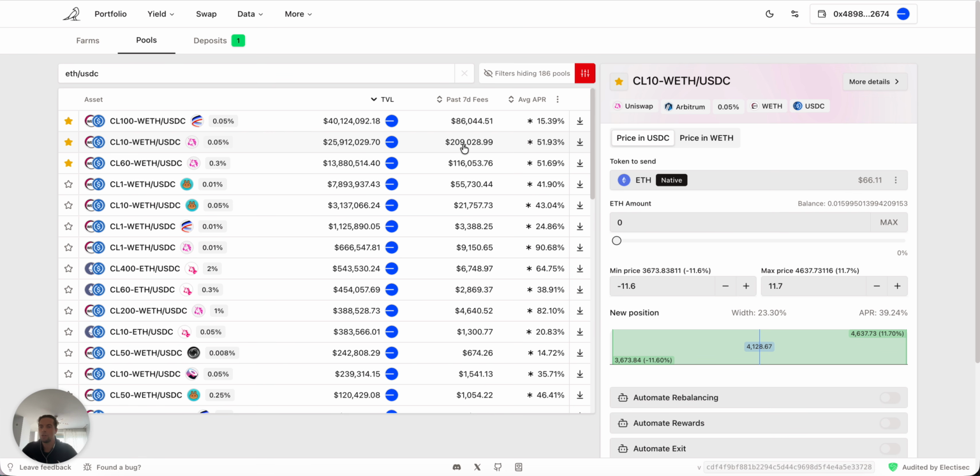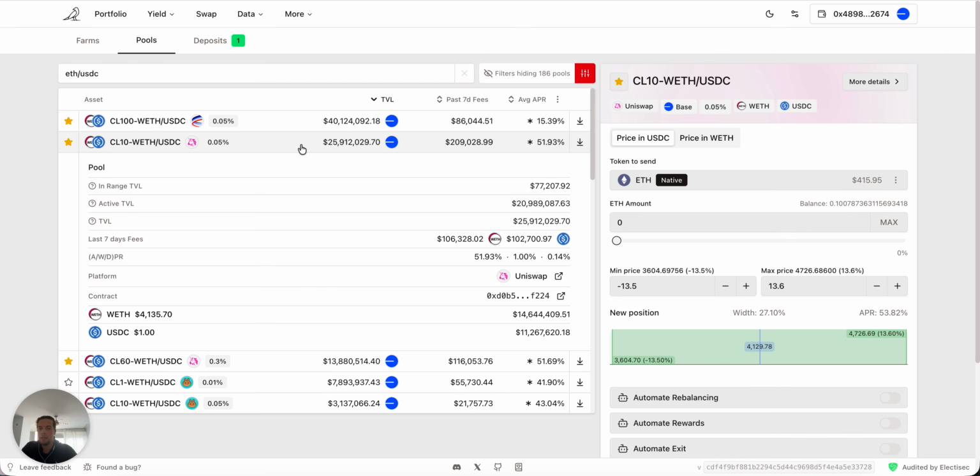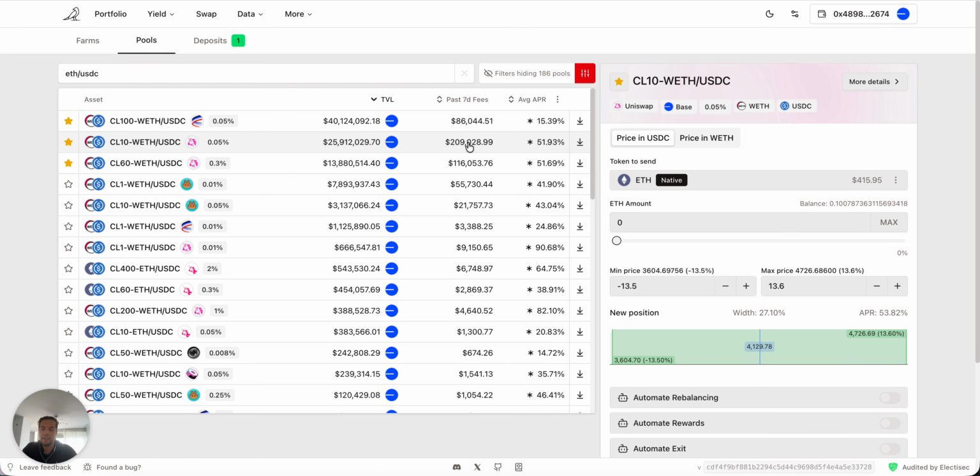Of course, on Aerodrome, in most cases people are using AERO emissions as rewards rather than direct fees from the trades, but still, it doesn't matter. What matters is where you can get the most out of your money. And in this case, this pool on Uniswap would give you the best returns because it is generating pretty much the most fees, right?